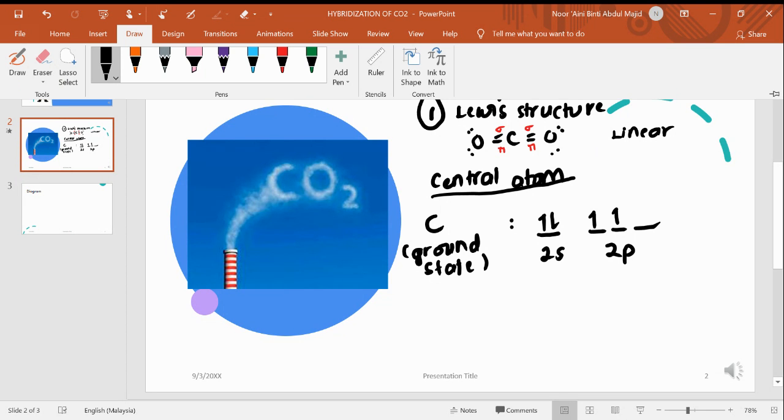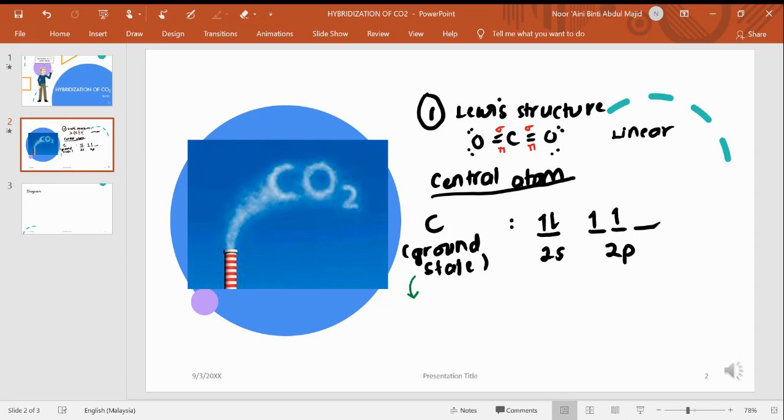Now, what is the clue? Of course, you don't need to write this on your exam paper. This is just a clue for you. Look at the number of sigma and pi. Around carbon, we have 2 sigmas and 2 pi, and that equals 4.